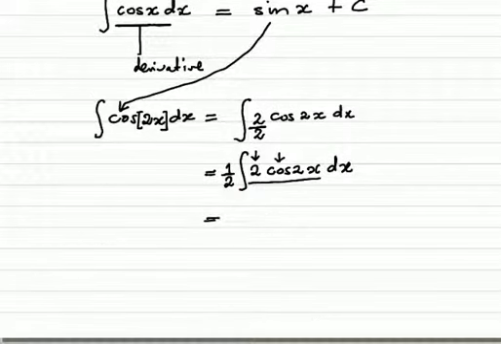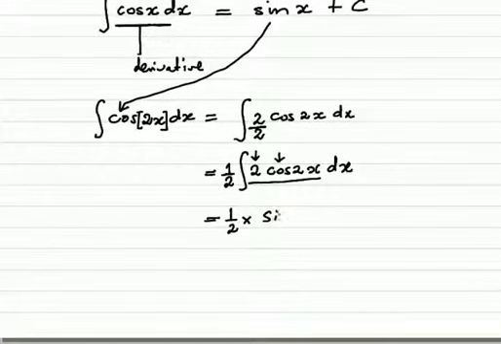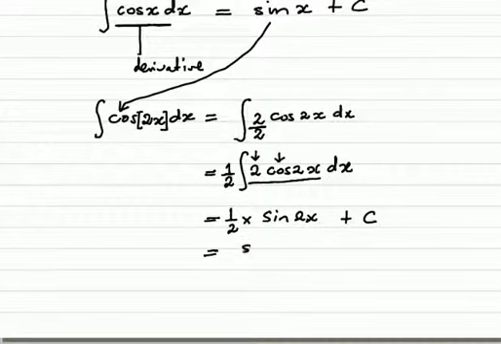In this case, we write half times the function which was differentiated to get what is under the integral sign, which is sine 2x, and then we can add a c.